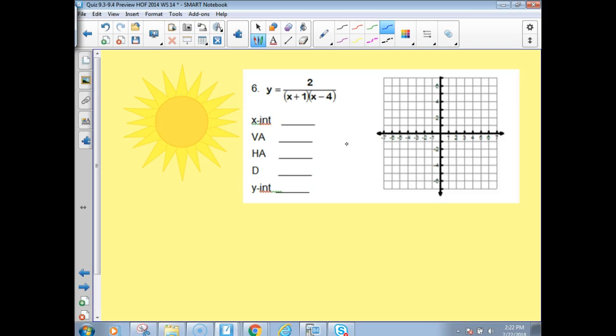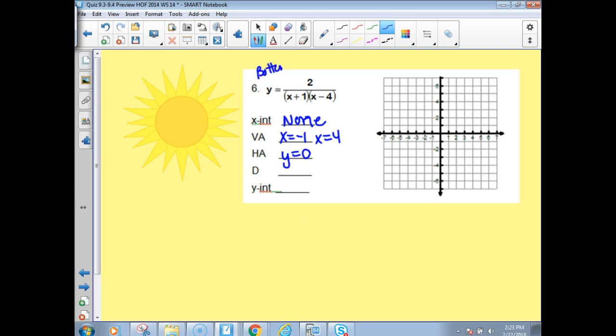All right, the 6th one. Any x-intercepts? Can you make that numerator 0? No, so there aren't any. The vertical asymptotes, x equals -1 and x equals 4. This thing is bottom heavy, so that's when you have y equals 0 for your horizontal asymptote.